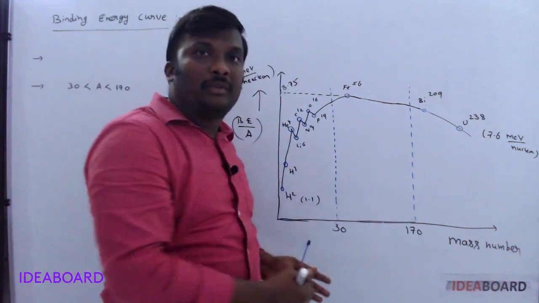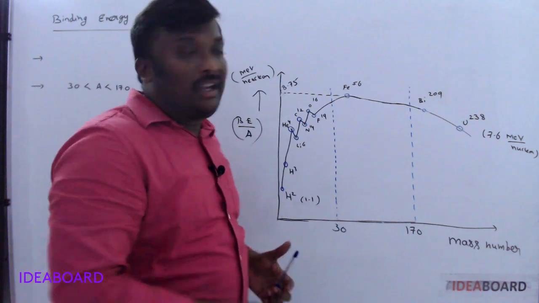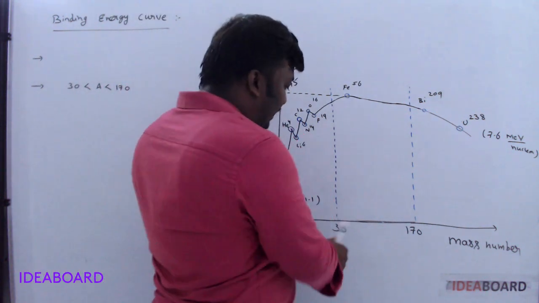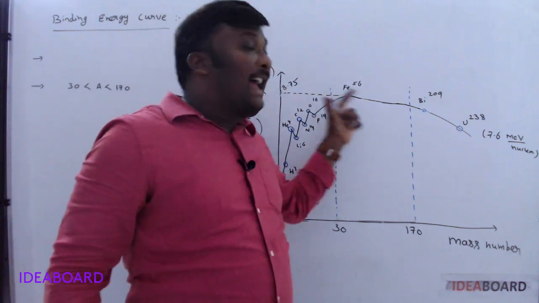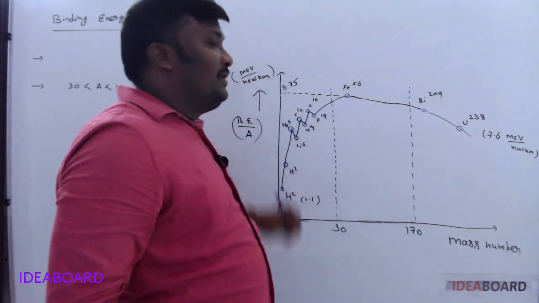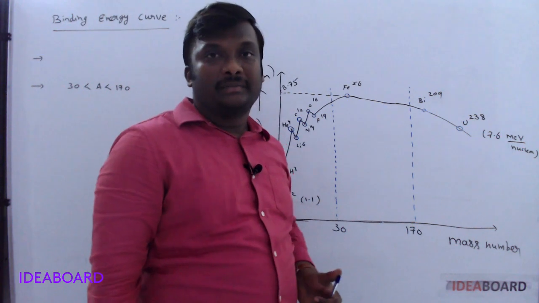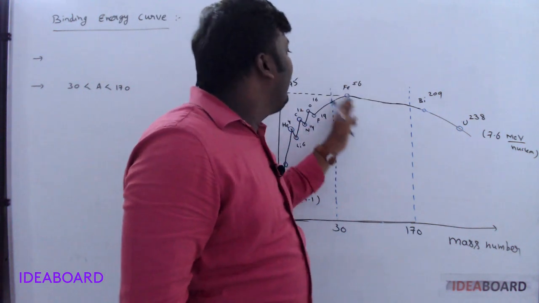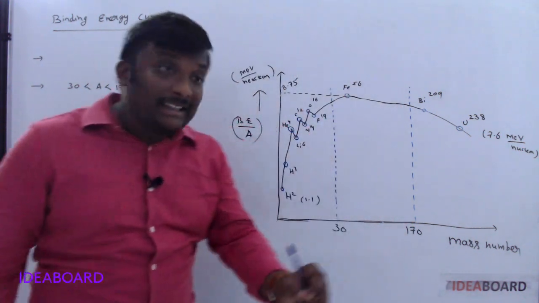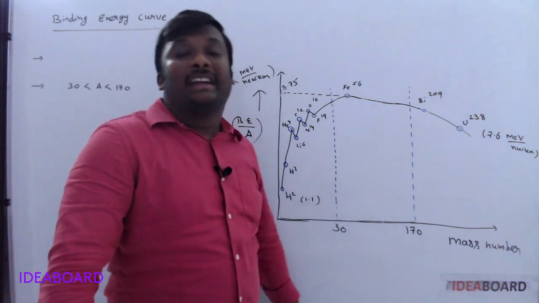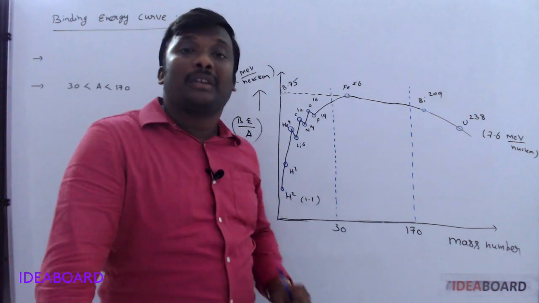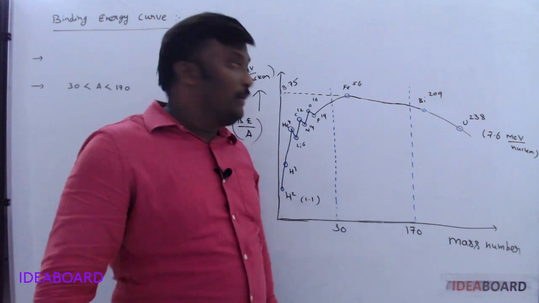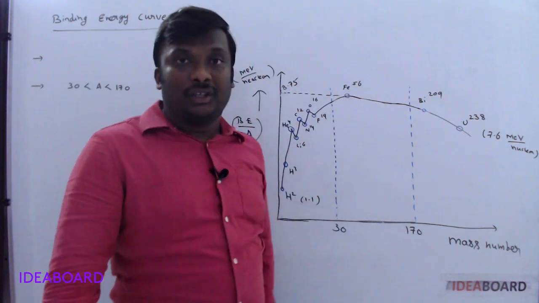I am not drawing this diagram; this is practically given. So in between 30 and 170, all the nuclei have the same binding energy, nearly 8 MeV. All having the same binding energy means that in this mass number range, it is independent of the atomic number. Binding energy per nucleon is independent of atomic number, particularly in this region.